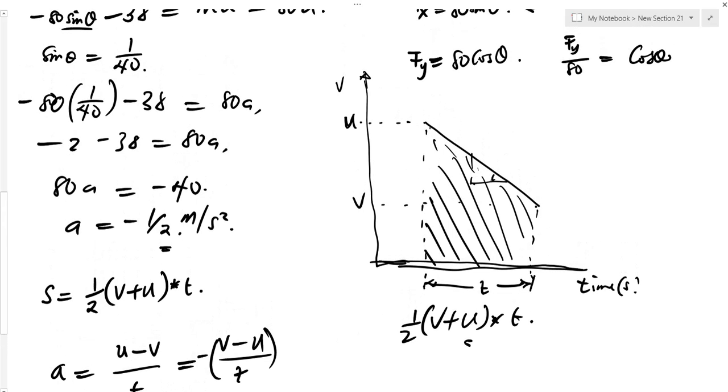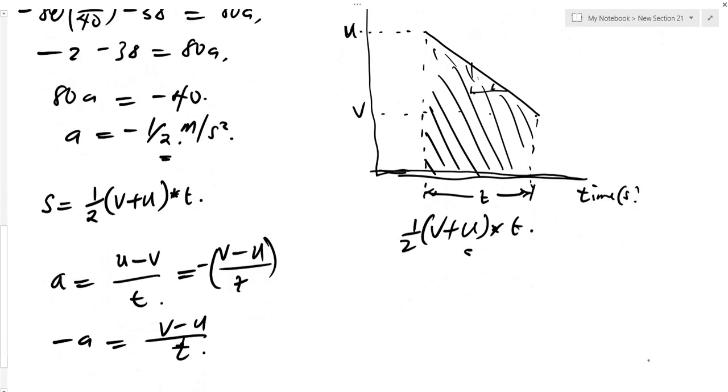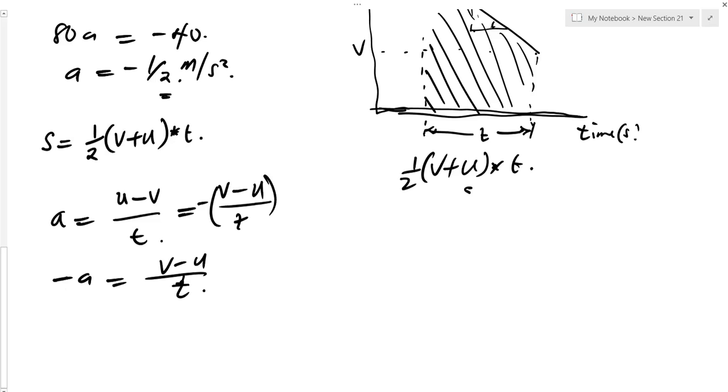When you look at the graph, you see that there is a decrease in the velocity.